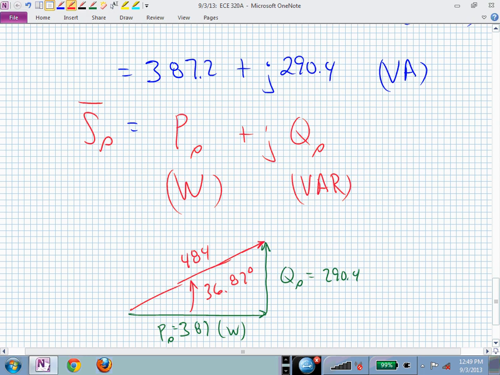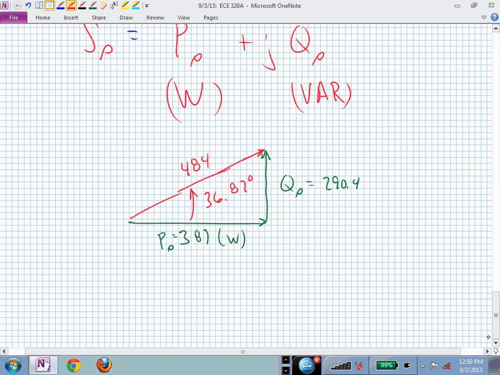So I take the P's horizontally. The Q's are going to be vertically. In this case, is Q positive or negative? What do you know about the load? It's inductive. And that makes sense since it was an inductor. Did that answer your question?